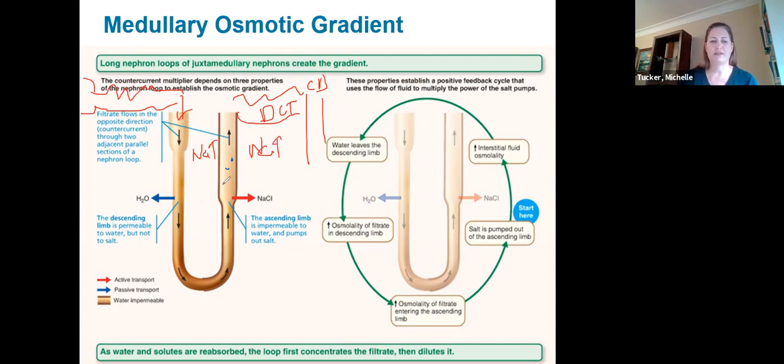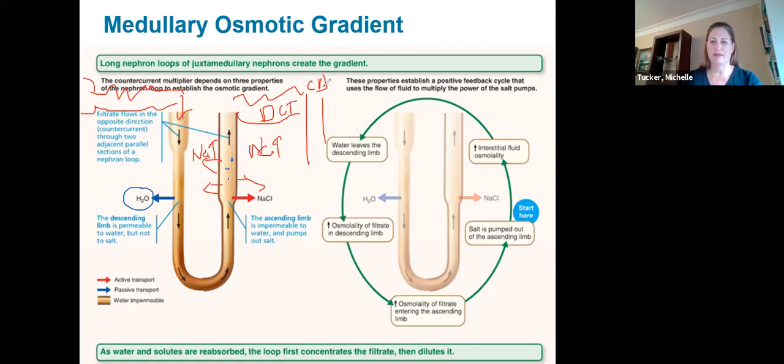Once we understand that salt is continuously being pumped out, then we can look at the descending limb, which is permeable to water. We start here at about 300 milliosmoles, and then we get this active transport of salt by the ascending limb, so the salt concentration increases, and because of osmosis, water is going to move.